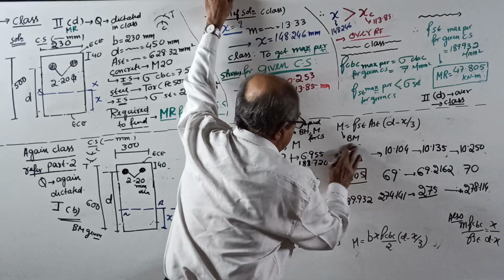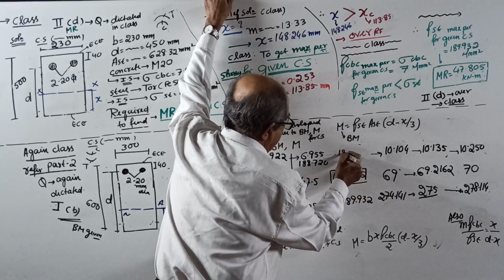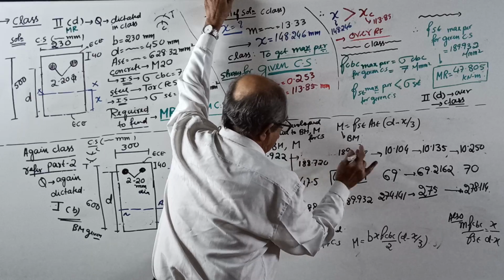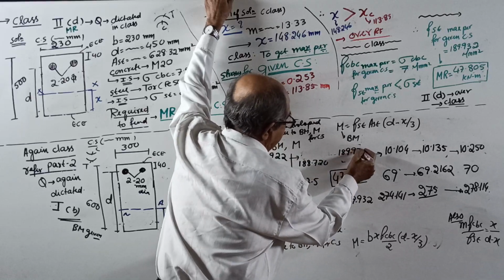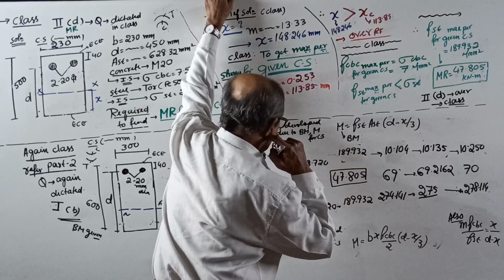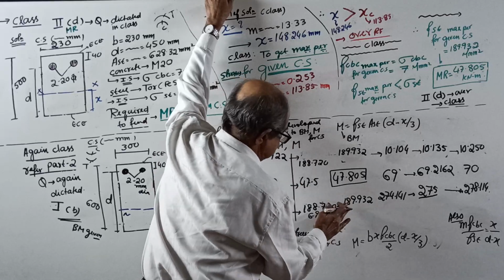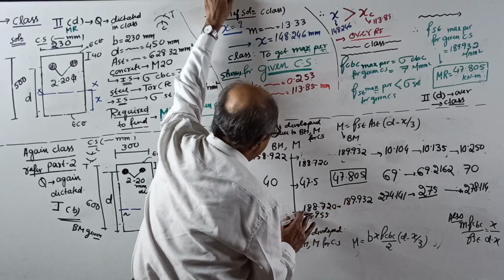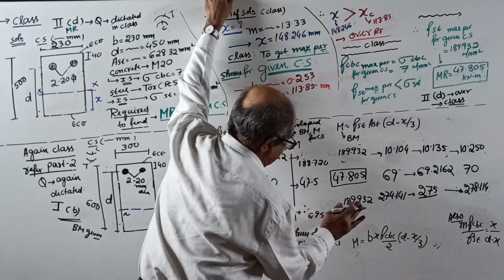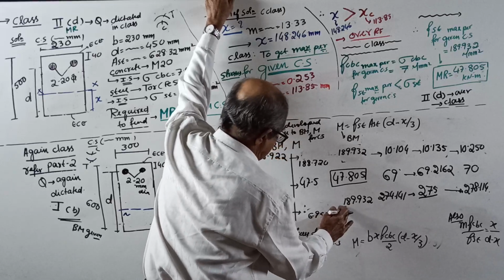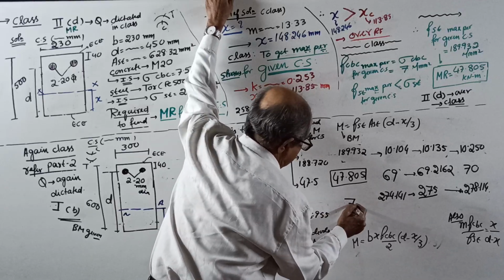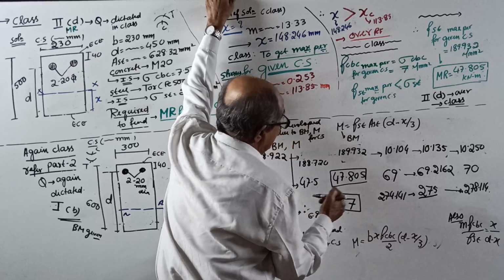This is gone, 189.932. This is exactly 7, and I am underlining 7.